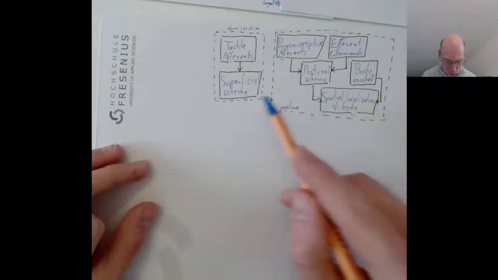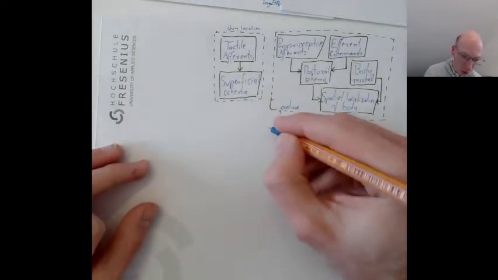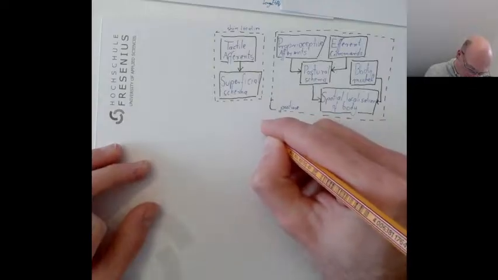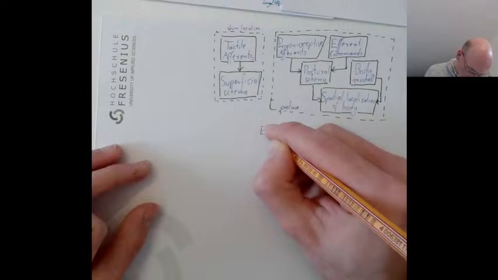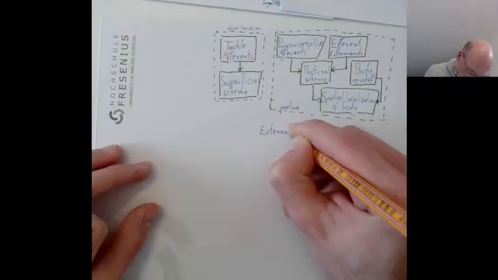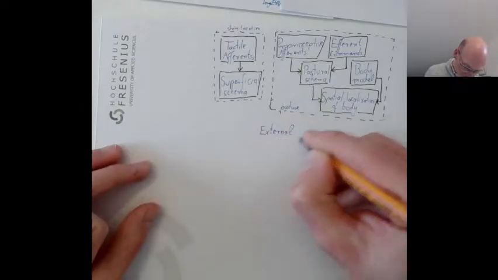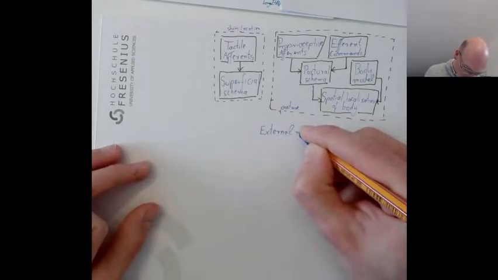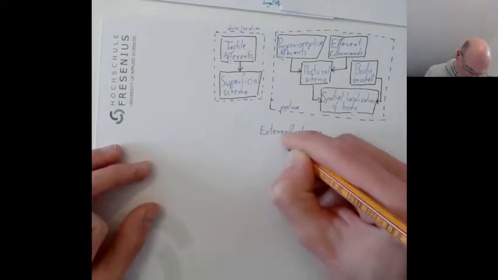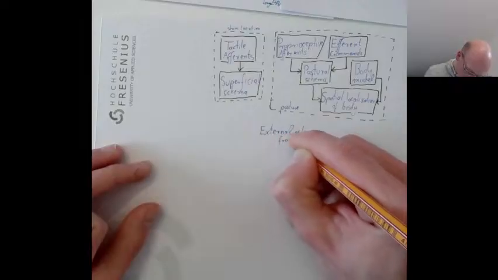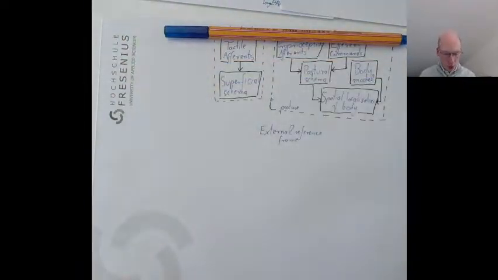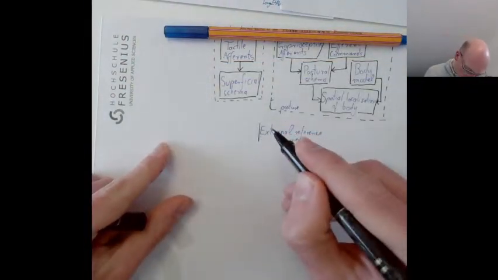So I need this box here and that box. Let me write it somewhere here then. External reference frame. Oops. I didn't write this quite big enough.